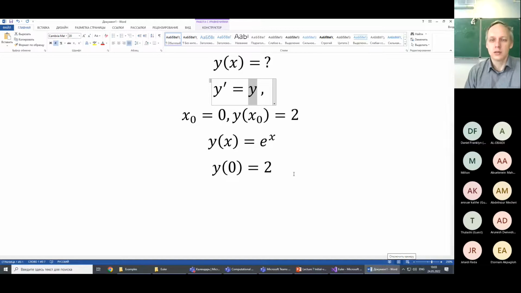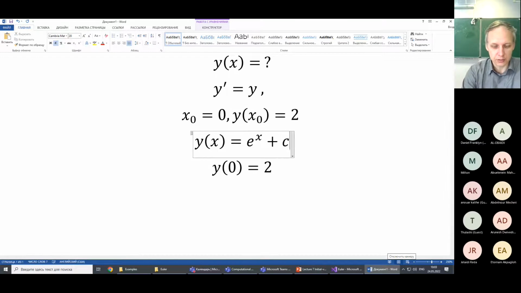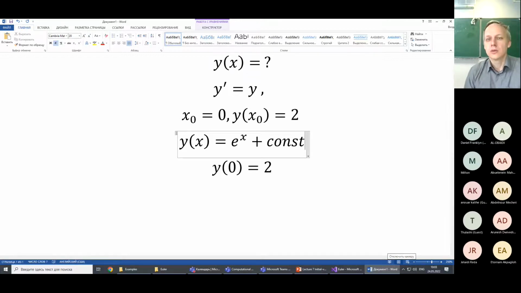And we have two different options. First, I can write plus constant, and it will be true. So I can write e power x plus constant, because... no, I'm sorry, not plus constant.